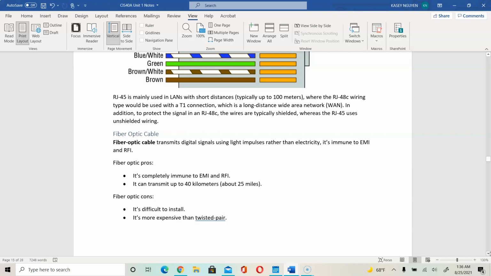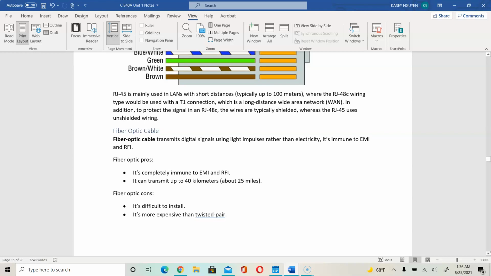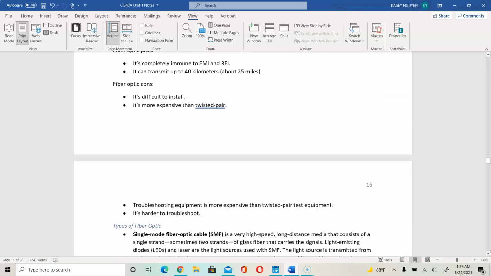The disadvantage of fiber optic would be that it's difficult to install. It requires special knowledge and skills from a fiber optic technician in order to do that, and they're usually certified. It's much more expensive than the twisted pair, but the price has now gone down due to the demand for it, and there is more supply for it.